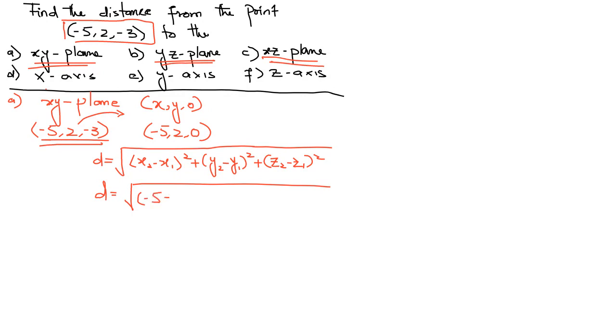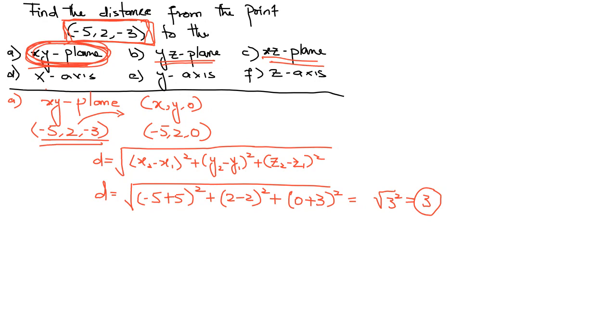What is x1? Minus into -5, that is +5 whole square, plus 2 minus 2 whole square, plus 0 plus 3 whole square, which is equal to the square root of 3 square, which is equal to 3. So the distance from this point to the xy plane is 3.